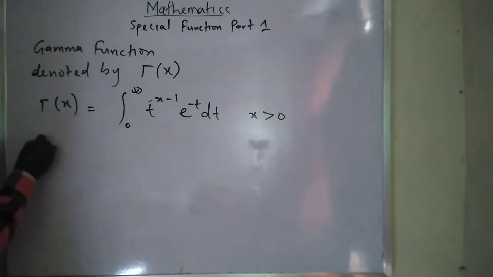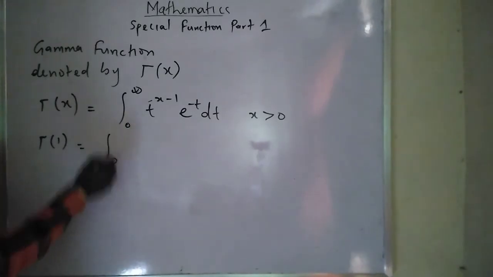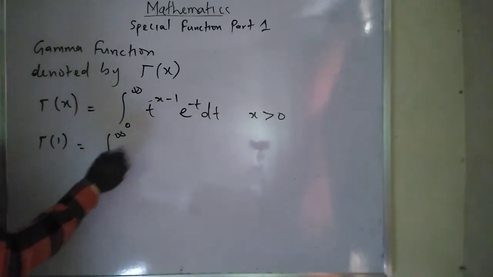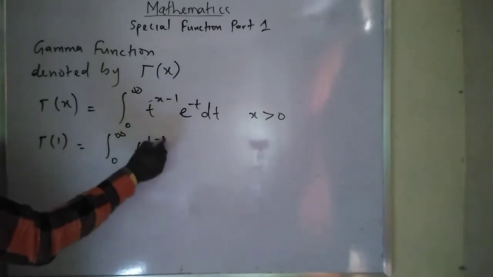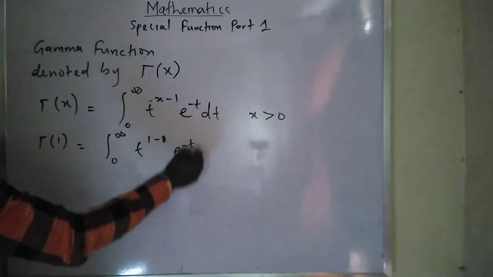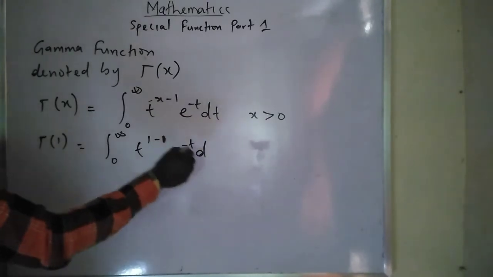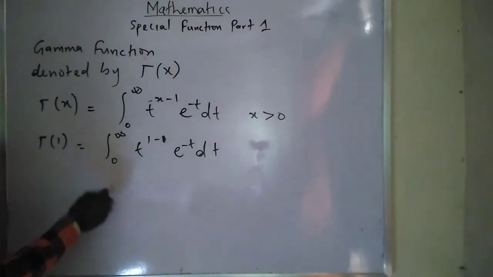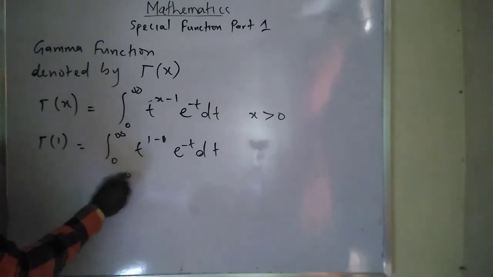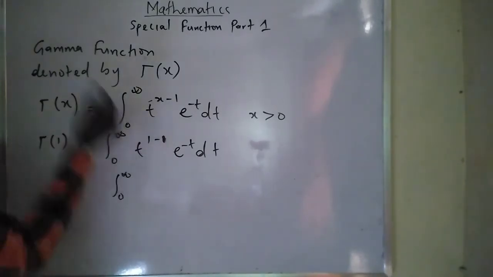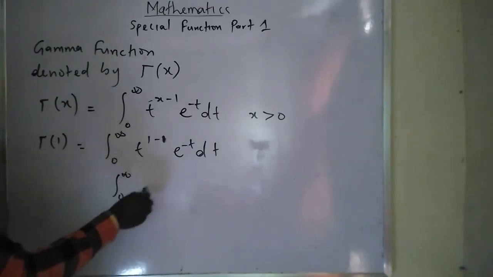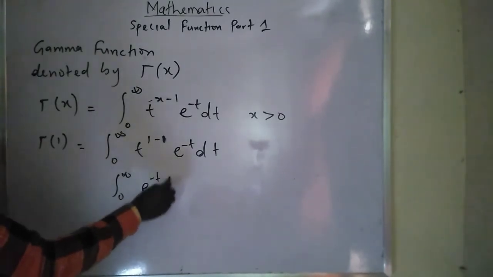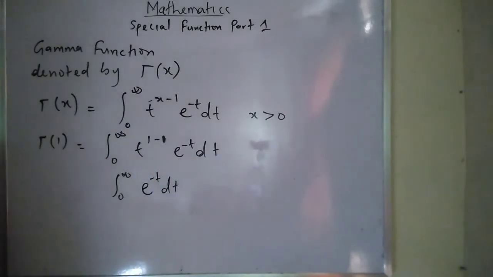Now, if I have gamma of 1, it means I will be talking about the integral from 0 to infinity of t raised to power 1 minus 1, e raised to power minus t dt. That gives t raised to power 0, which is 1, so I have the integral from 0 to infinity of e raised to power minus t dt.